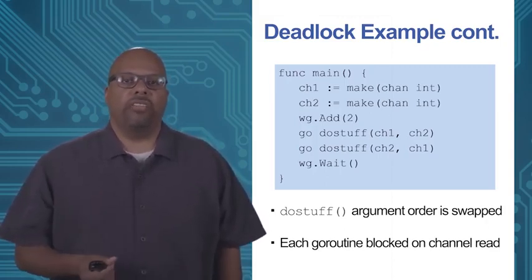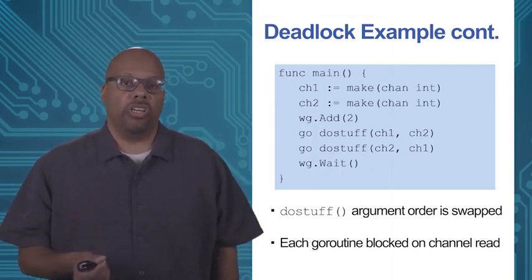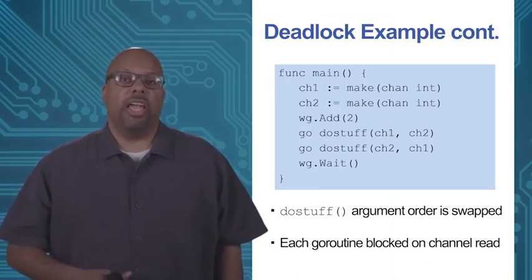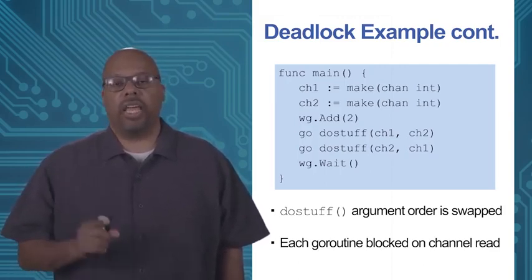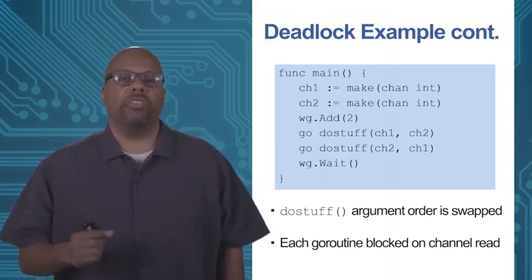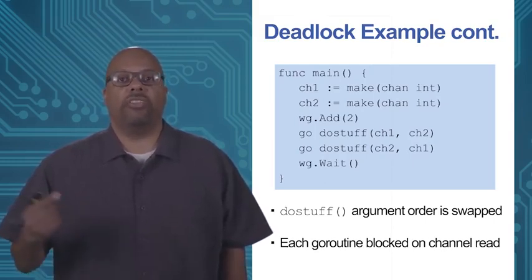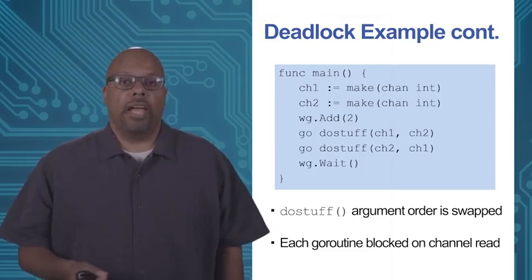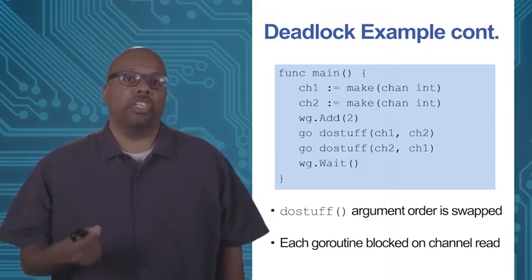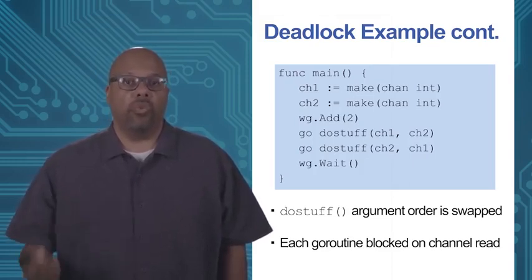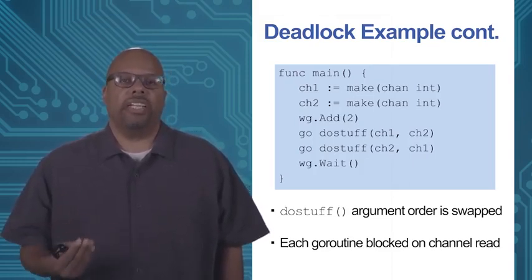It waits to receive something on the first channel argument, and then it writes something to the second. So the first Go routine is going to wait to receive something on channel 1 and write something on channel 2 in that order. The second Go routine is going to wait to receive something on channel 2, then write on channel 1. And notice how they're depending on each other, right?